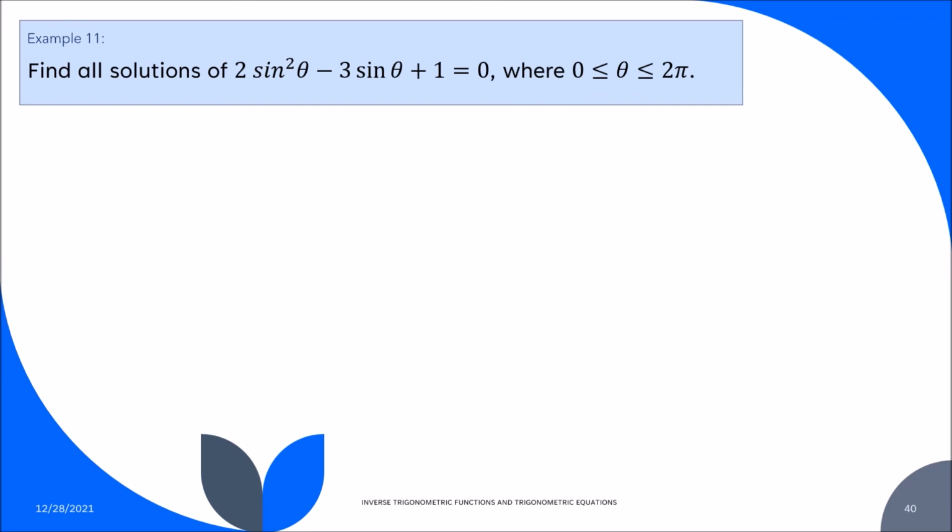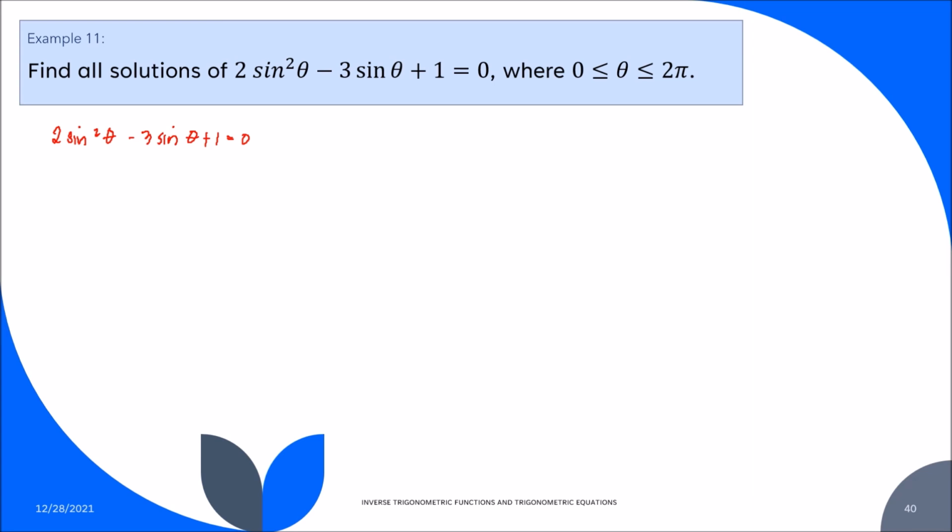The given equation in example number 11 is quadratic in nature. So we can check whether it's factorable, or we can apply the Pythagorean theorem. Since 2 sine squared theta minus 3 sine theta plus 1 equals 0 has only one trigonometric function, we will apply factoring.